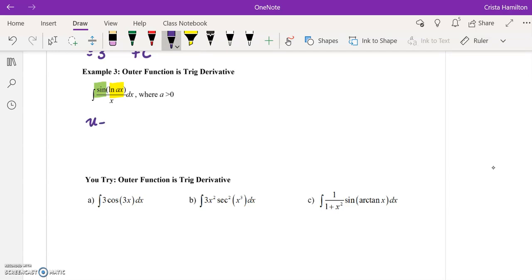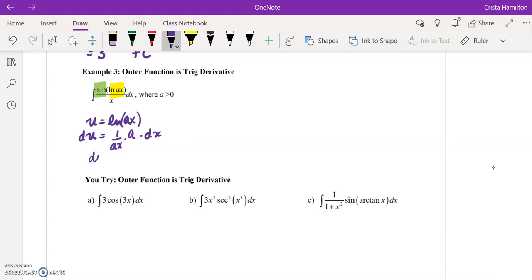So if I let u equal the natural log of ax, and then I go to take the derivative of that and put it in differential form. Remember, the derivative of the natural log of the stuff is 1 over the stuff times the derivative of the stuff, and then, of course, times the dx because we have it in differential form.